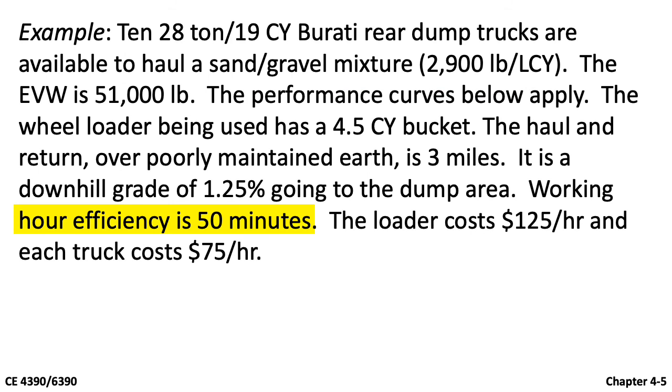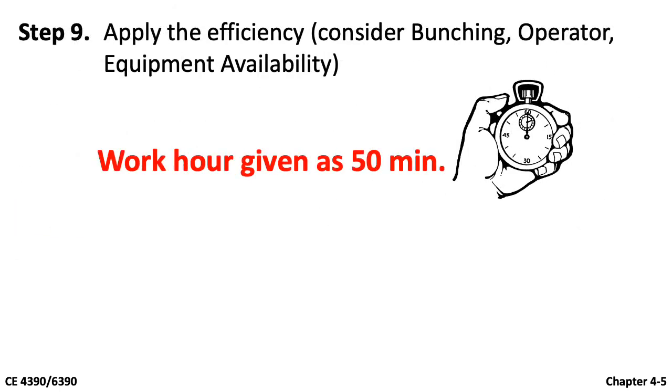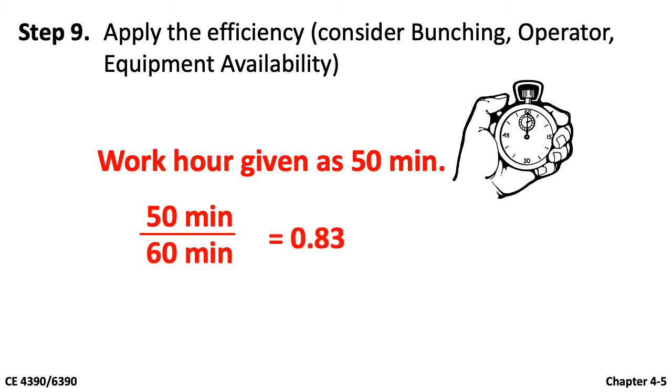So in this example, as given, the efficiency is 50 minutes. You are not required to calculate it, and in this course we are not covering how to calculate efficiency. Since the work hour was given as 50 minutes, we got 50 minutes per 60 minutes, or 83% efficiency.